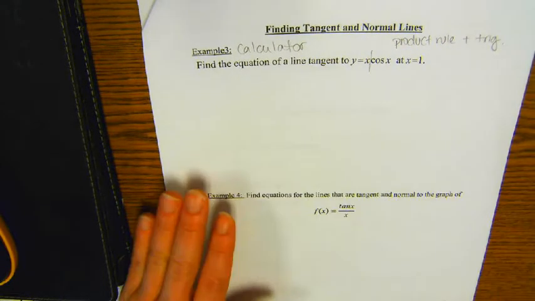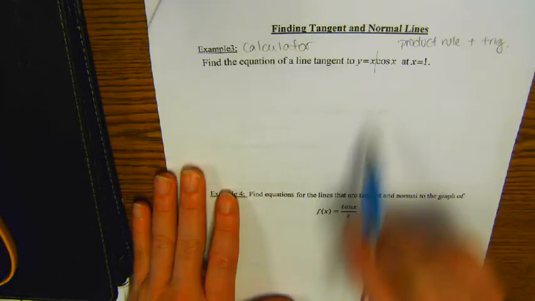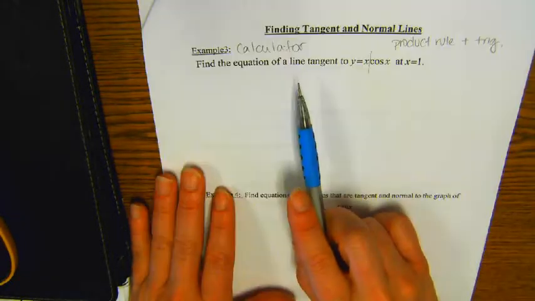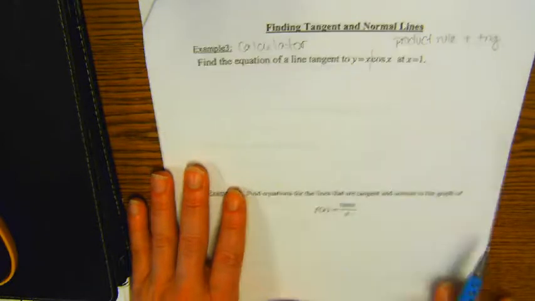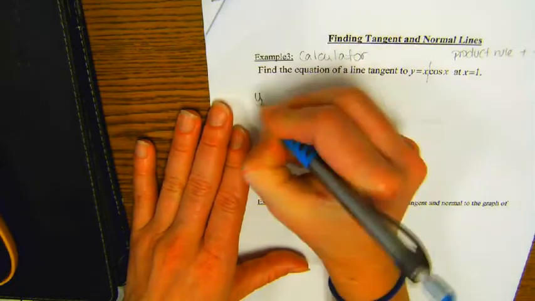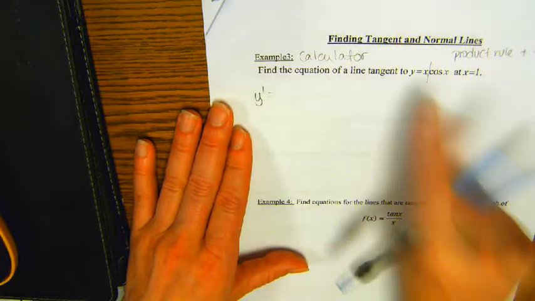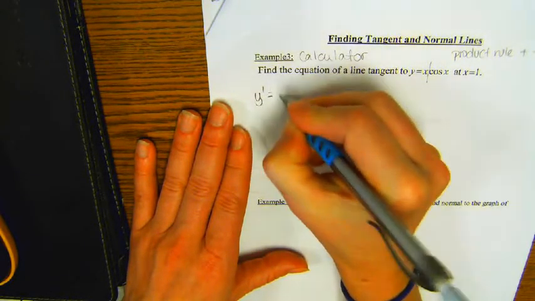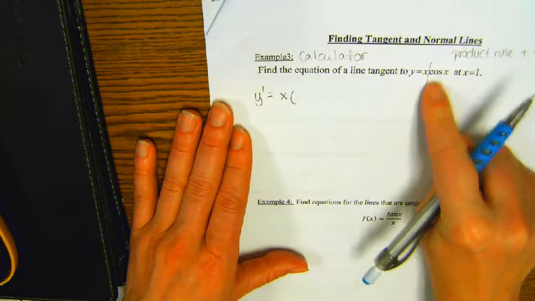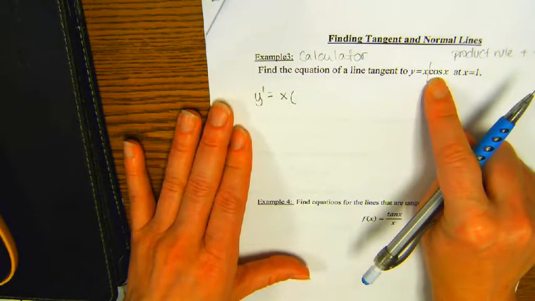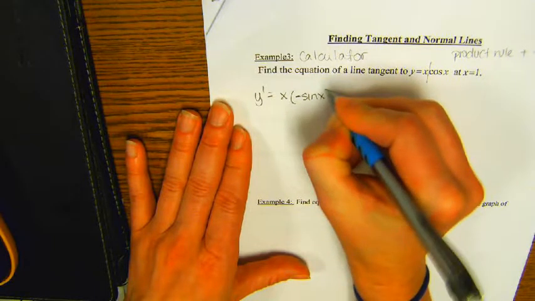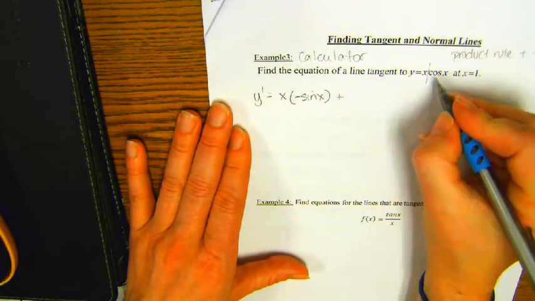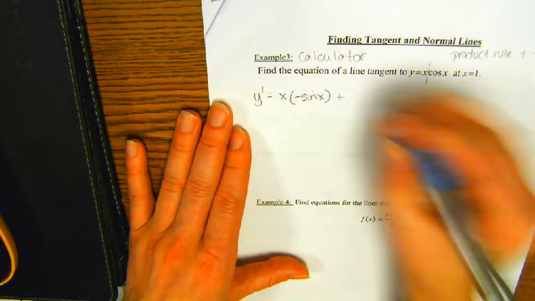I'm doing this derivative because to find the tangent line I need the slope, right? And to find the slope I'm going to need to take the derivative. So here we go. First, d second. So x times, what's the derivative of cosine of x? Good. Negative sine of x plus second d first, so cosine of x times 1.